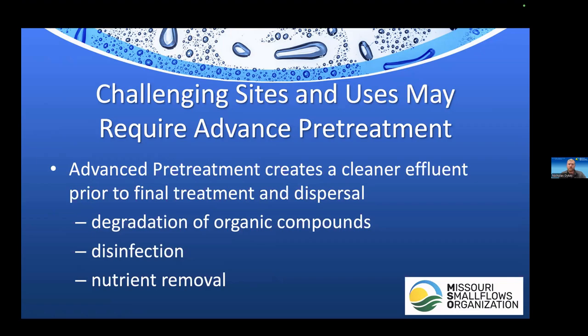Just all the good lots were gone and the good soil, and you could not build a home. And when we add advanced pretreatment to that, those lots are now buildable. But with advanced pretreatment, it creates a much cleaner effluent, which is what's leaving the tank prior to the final treatment and dispersal. So we see a lot better degradation of organic compounds, disinfection, and nutrient removal.